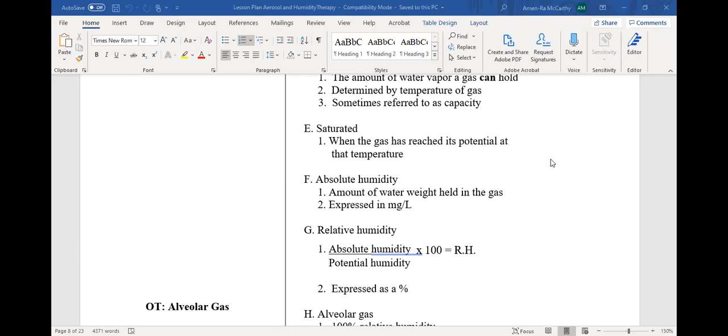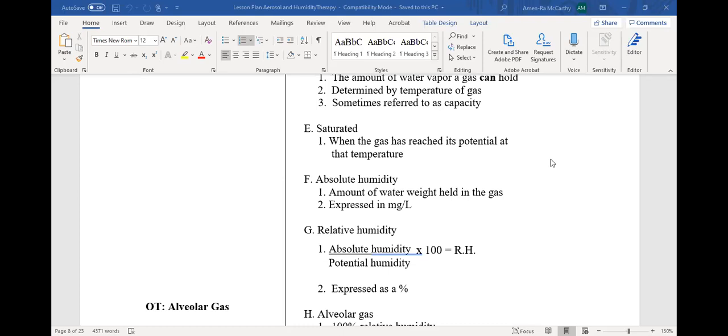So what is the relative humidity? 81%. You do 36 divided by 44 times 100, which gives you 81%. So the relative humidity will be 81%.